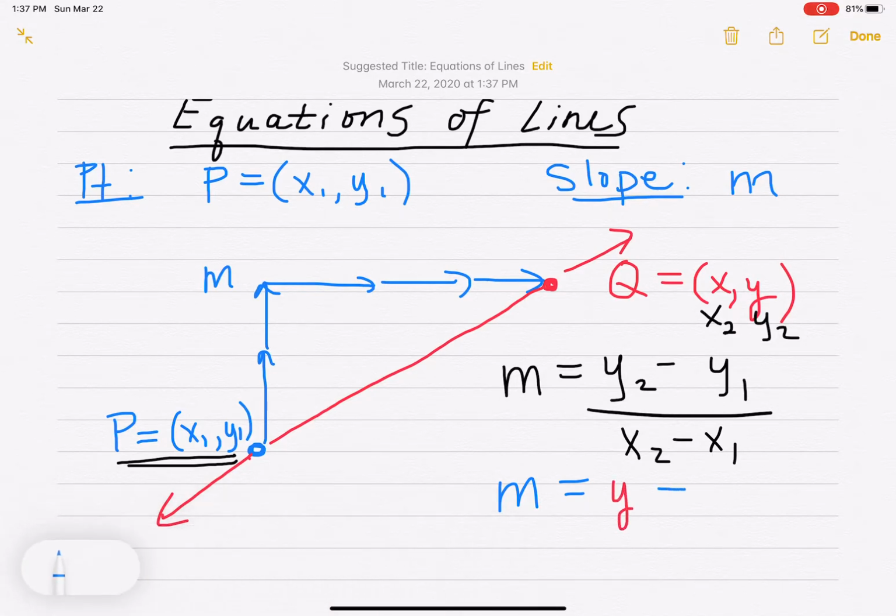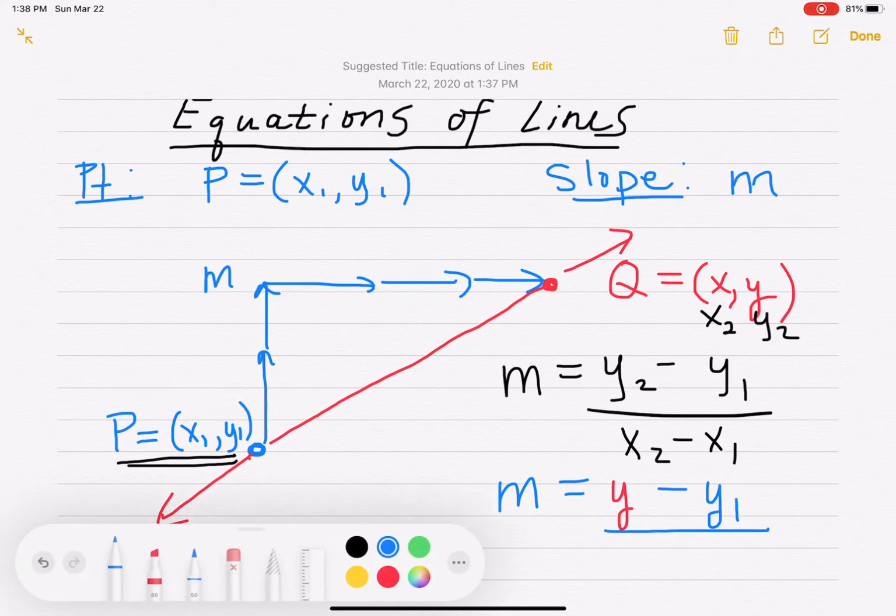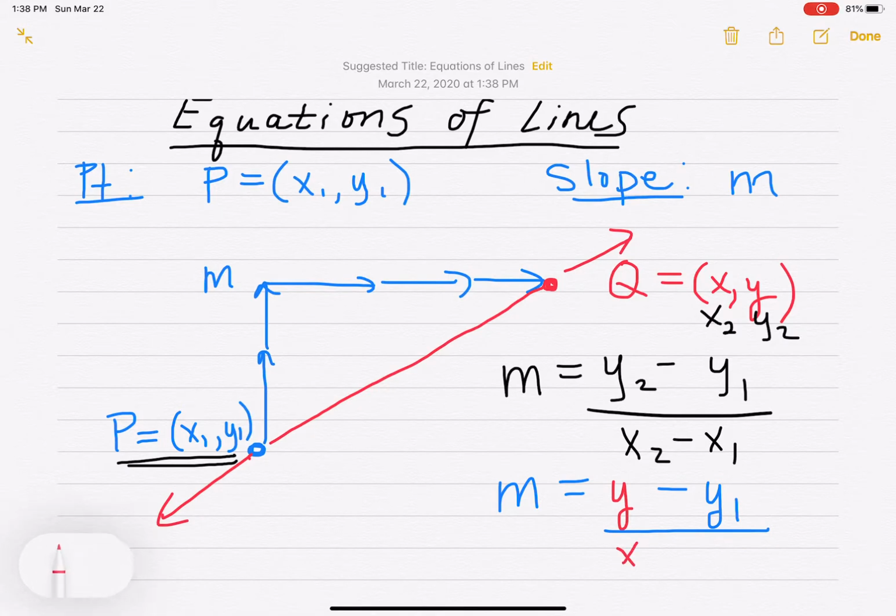Minus y1 is going to be a known number, we'll make it blue. And then x2, that's going to be a red x, it's unknown. And then minus x1 in blue, x1 will be known. So basically I've replaced my y2 with an unknown red y and my x2 with an unknown red x. And we want to get rid of that fraction, x minus x1.